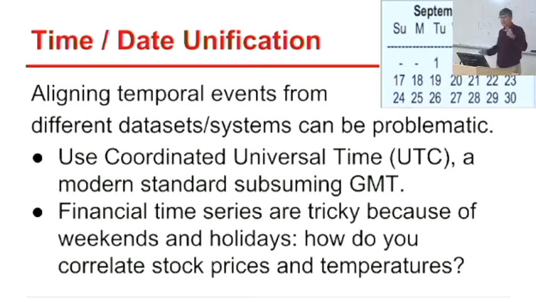If you wanted to have something correlate with stock prices, do you see that this is now a little tricky? When do you take the other variable from? How many people see what I'm saying? I know this seems a little bit boring maybe, but do people see what I'm saying? If you wanted to plot temperature versus stock price, what is the time for the temperature that you're going to be using?